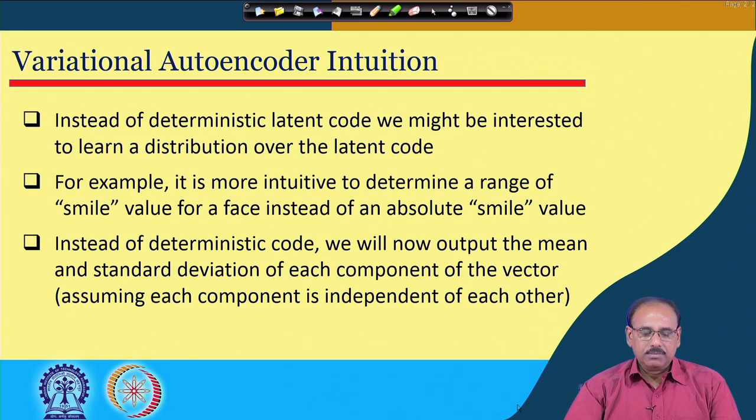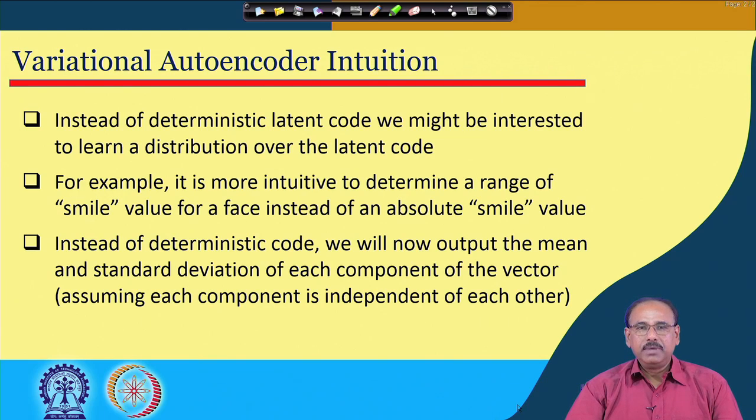For example, for the attribute smile, it is more intuitive to determine the range of smile value for a face instead of an absolute smile value as given by a traditional autoencoder.